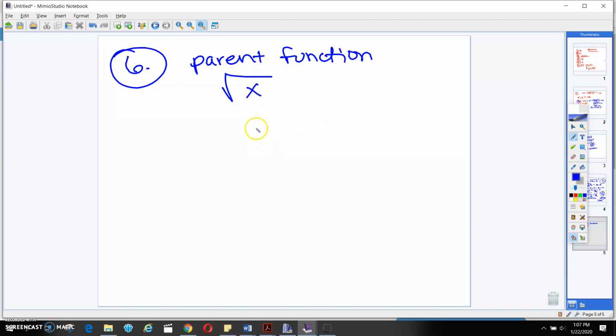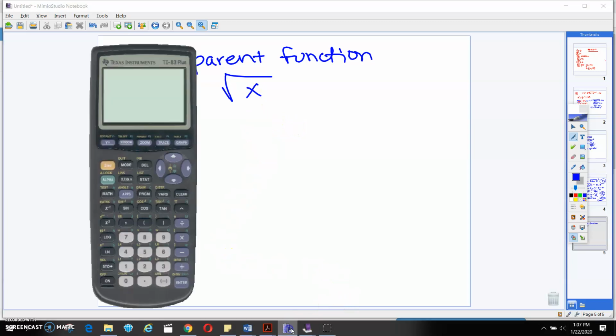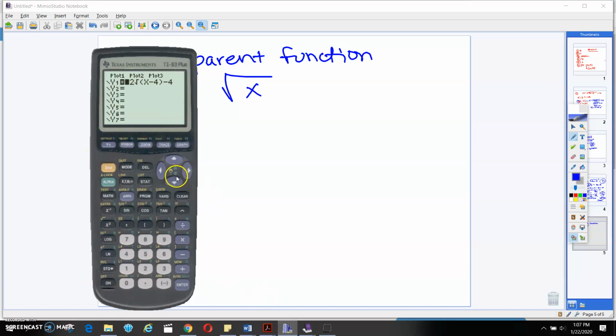So if I graph this, I would go to my graphing calculator and hit the y equals button, and type second x squared, x, close parentheses, right? When I hit graph, I can see that it's coming off from 0, 0 and going to the right. Now if I look at my table and I go to where 0, 0 is, if it'll let me click, that would be cool.